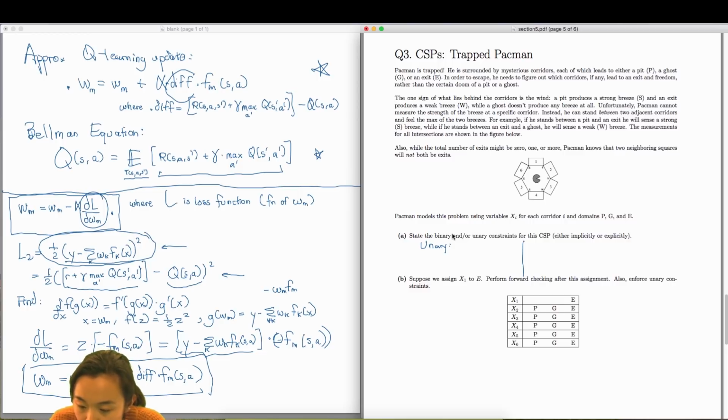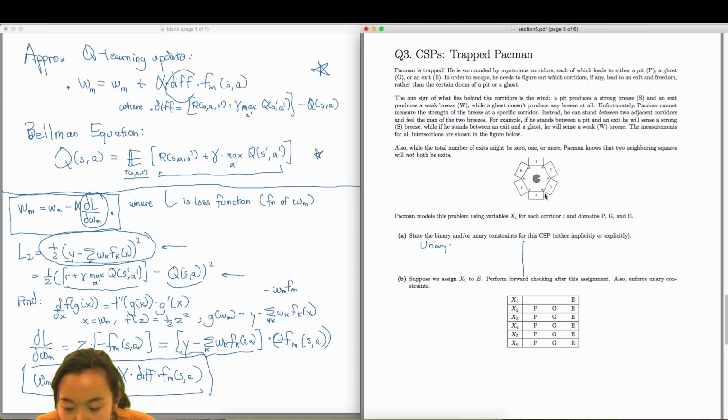Okay, so looking at this, we know that x2 cannot be a pit. Otherwise, it would generate a strong wind at this intersection here. And then likewise, x3 cannot be a pit for the same reasons.